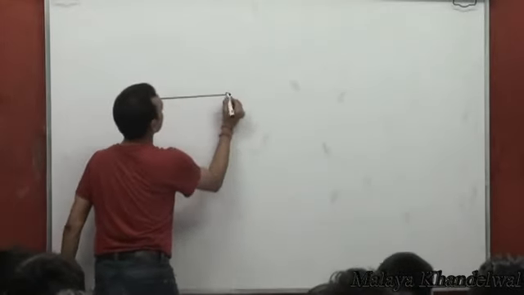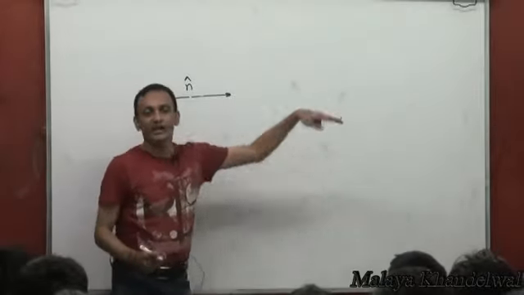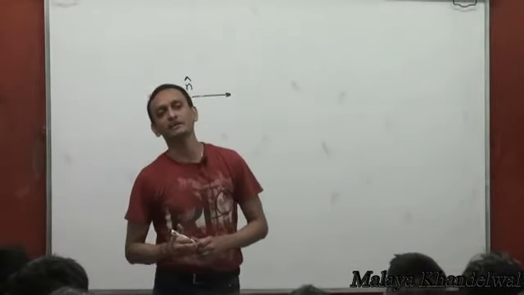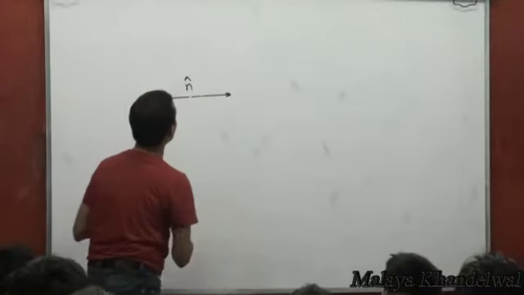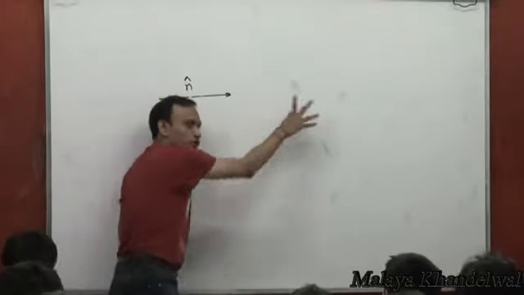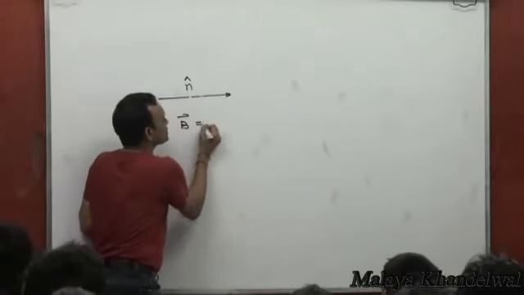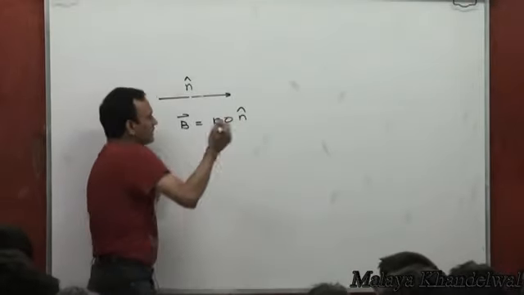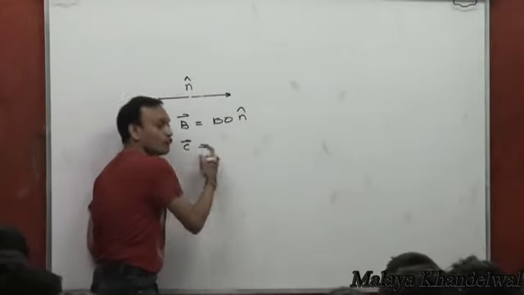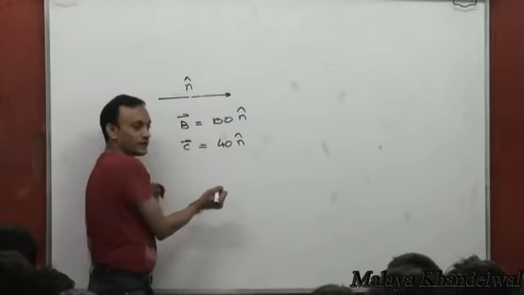Suppose I have n cap in a given direction, which is a unit vector in this direction. And now if somebody says find a vector B which is 100 units in this direction, then the vector B would be 100 times a unit vector in that direction. Find a vector C which is 40 units in this direction, that will be 40 times a unit vector in that direction.